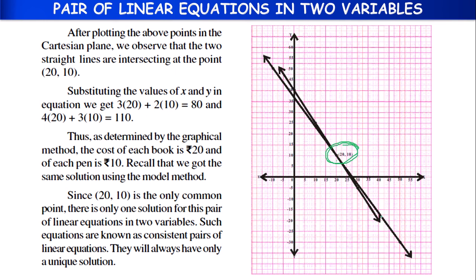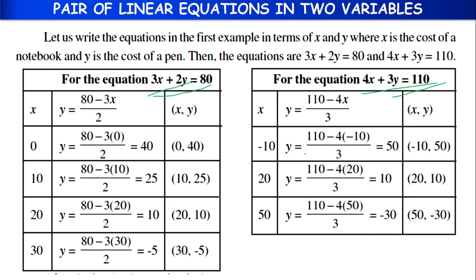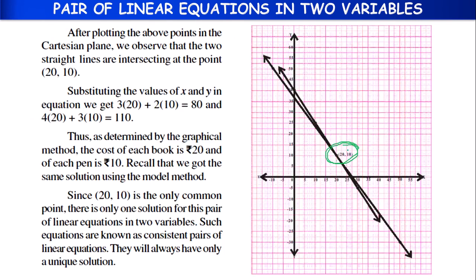The two straight lines which were drawn with the help of the ordered pairs mentioned in the table intersect at one point, which is the solution of the pair of linear equations. According to that, the point is (20, 10), so the cost of each notebook is 20 and the cost of each pen is 10.